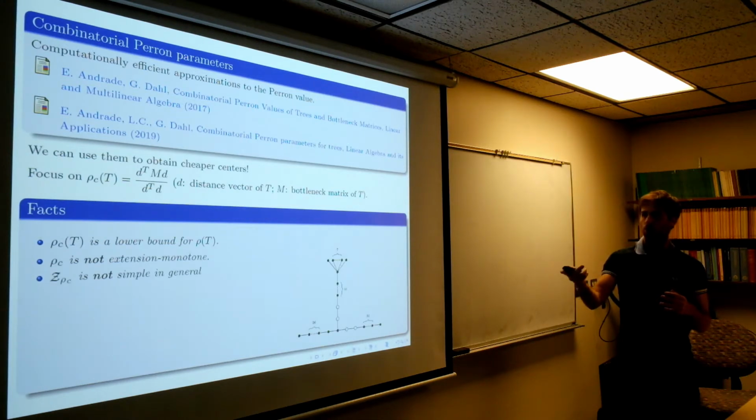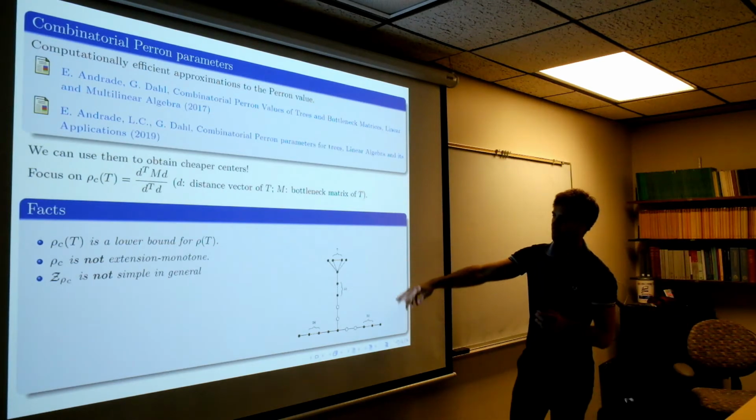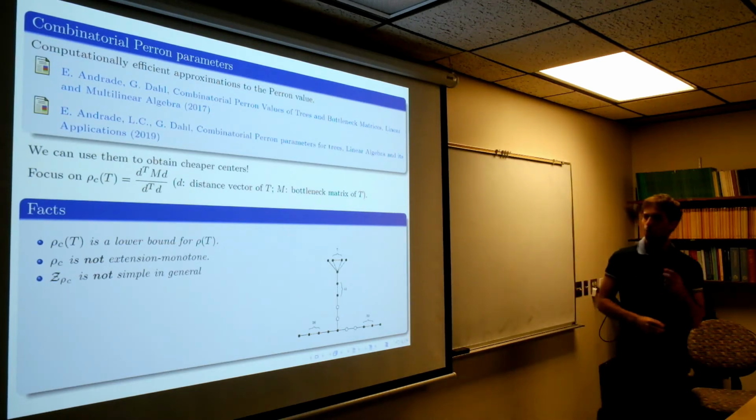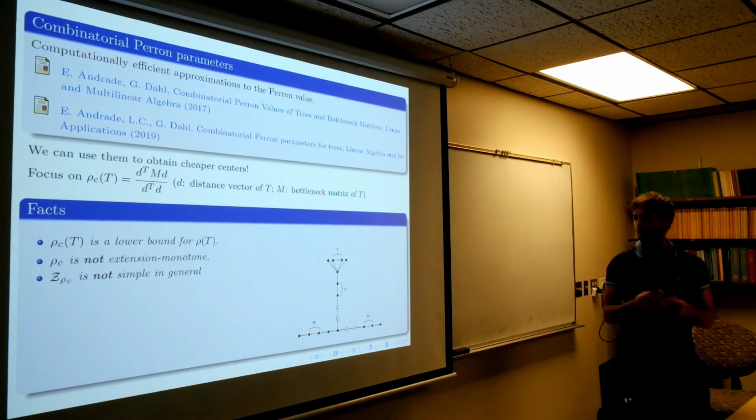We found an example of a tree having a non-simple center. This is the smallest example we know, a tree having 135 vertices, having a non-simple and even not quasi-simple center. So it's kind of unfortunate.